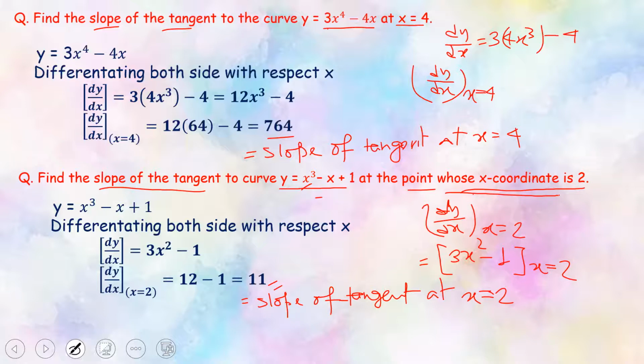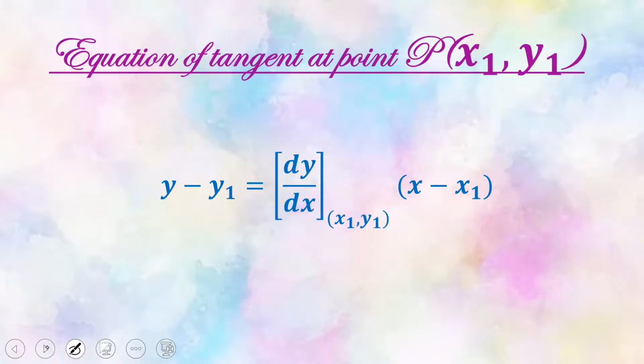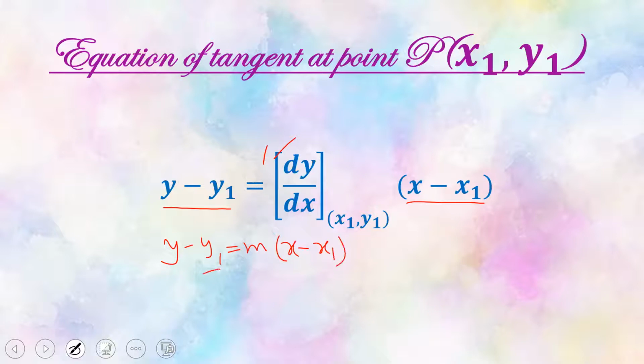Now let's find the equation of the tangent. It is given by y minus y1 into the slope of the tangent into x minus x1. That is, here I am using this slope point form, that is y minus y1 is equal to m into (x minus x1), where the line is passing through this point (x1, y1) and the slope is m.